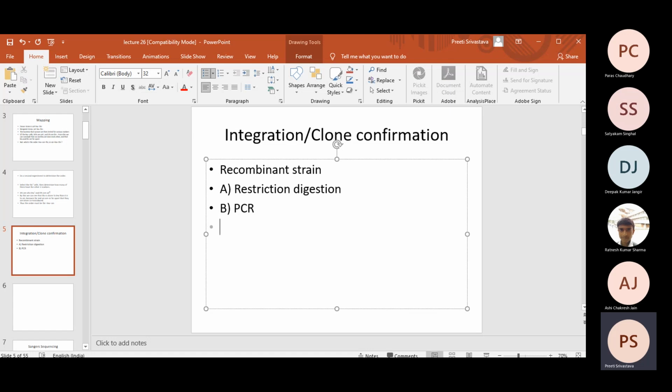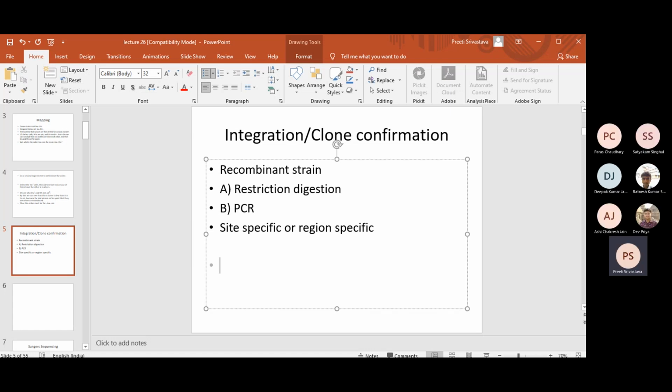So you design PCR primers which can be site specific or region specific. So what I mean is that, for example, you have a gene for GFP which you have integrated in the chromosome, right?